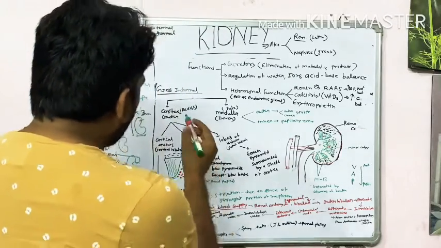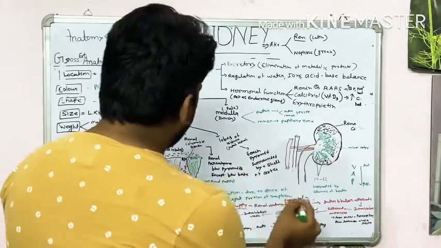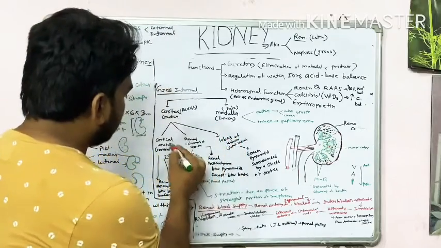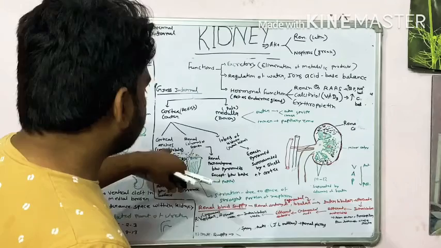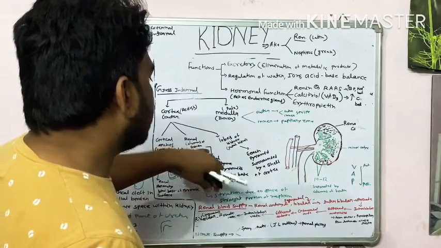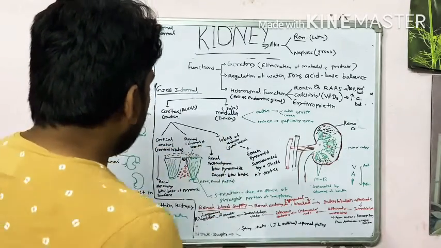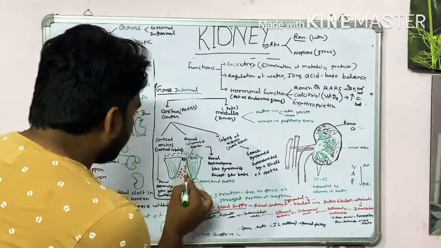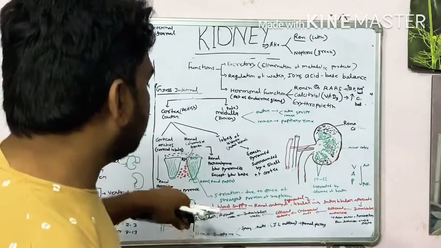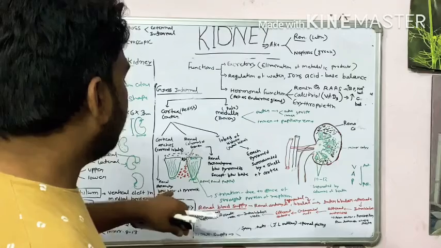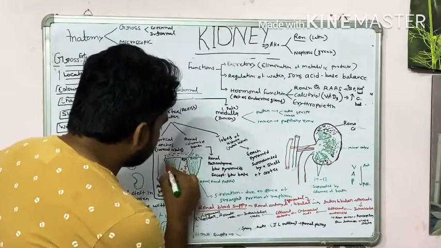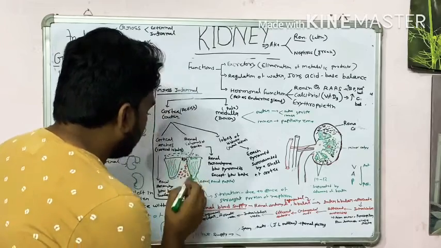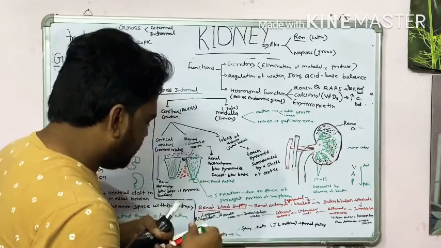The cortex, the outer part of the kidney, is internally divided into cortical arches, renal columns of Bertin, and lobes of kidney. The cortical arches, or cortical lobules, are nothing but renal parenchyma between the base of the pyramid and the surface. Suppose this is the renal pyramid, and this is another renal pyramid.